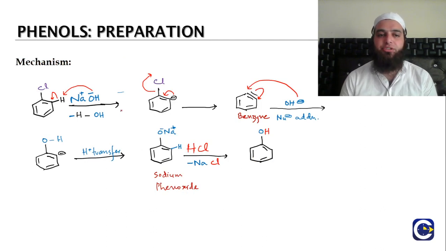So what happens in the first step? There is a simple acid base reaction. Sodium hydroxide is a very strong base. When we add it to chlorobenzene, it abstracts a proton from chlorobenzene, because this proton is more acidic in comparison to any other proton of the system.